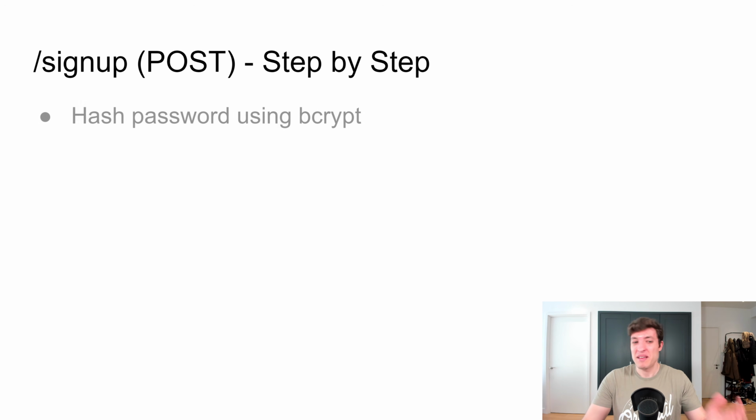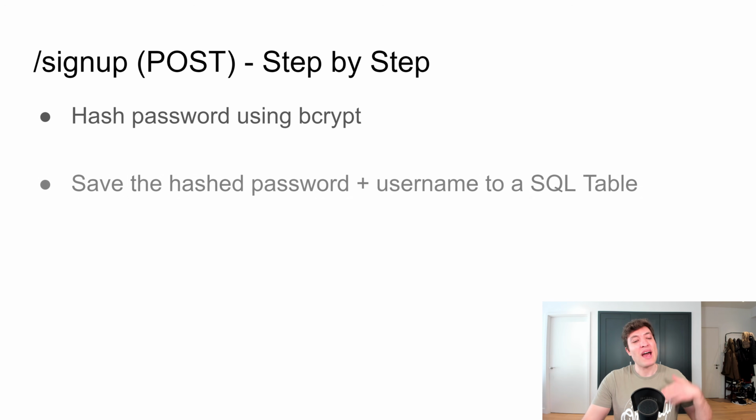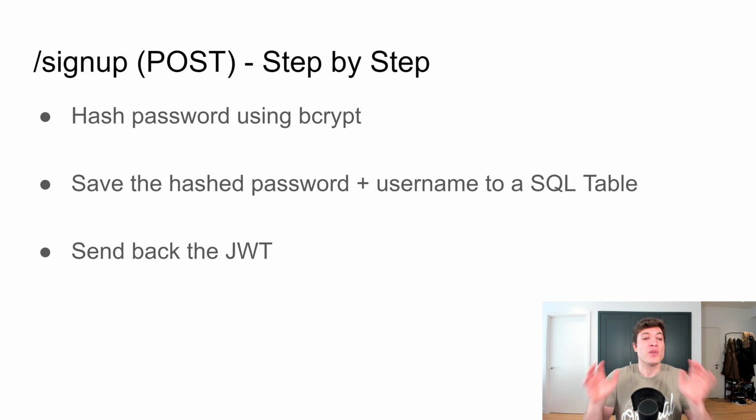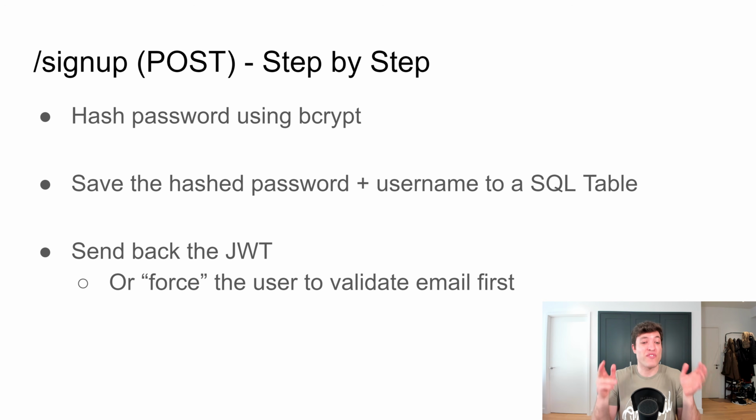So let's keep understanding the sign up flow. By now, as I said, I think we agree on using bcrypt. After we use bcrypt, we can save the hashed password and username to a SQL table, let's say a person table or user table, okay? Then we send back that JWT immediately, or some applications also force the user to validate their email, okay?